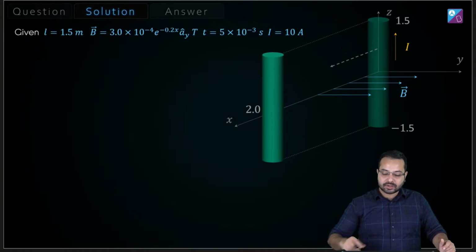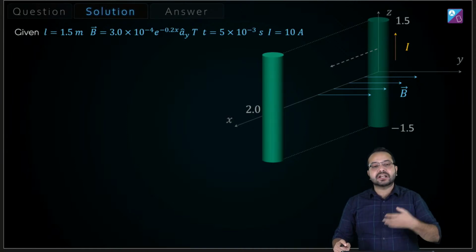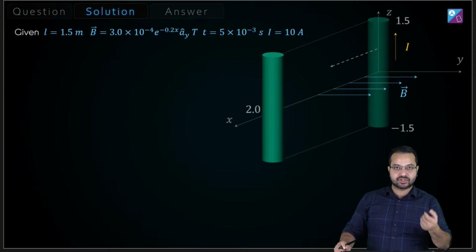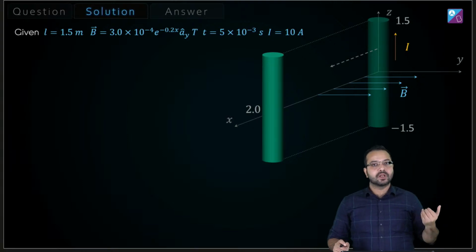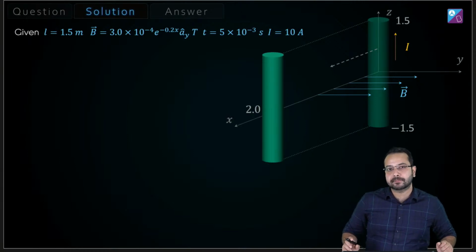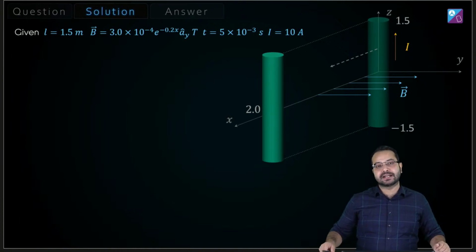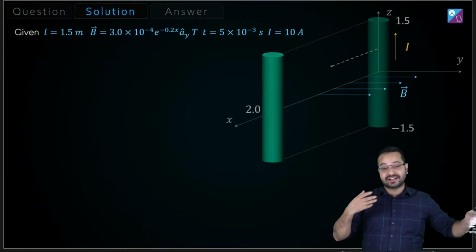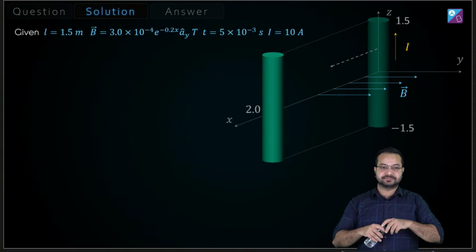The current is along the Z direction. The magnetic field, though the magnitude is changing with the position, the direction is the same. So the magnetic force would be in a particular direction. Is that right? So, my question is, what will be the direction of magnetic force?